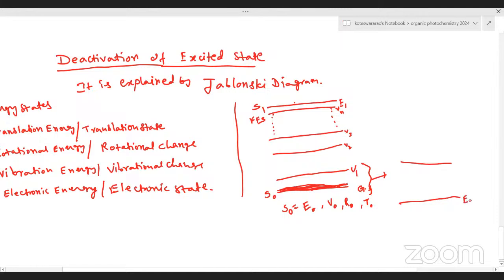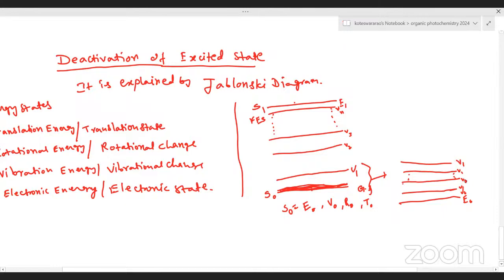So I'm taking this one enlarged. This is the E naught state. Okay, this is the V1 state. At this level, we have the V0. And in between these two, there are several rotational levels. Okay. And this is the V1, V2, and so on, Vn.